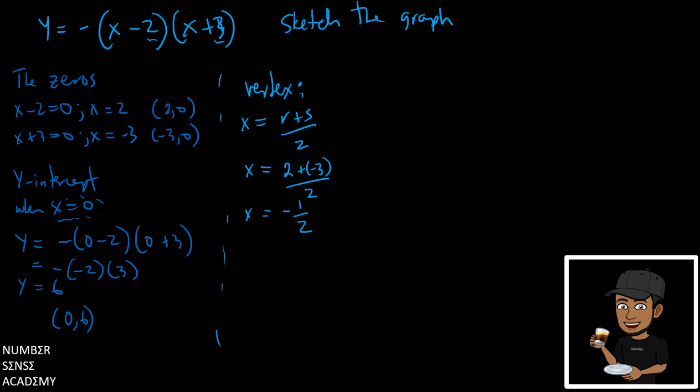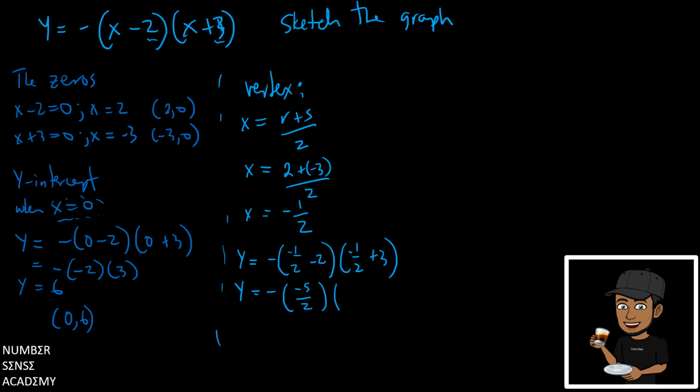Okay. So we know the x value of the vertex. It's at negative 1/2. But I also need to find out what the y value is. So y is going to be negative (negative 1/2 minus 2)(negative 1/2 plus 3). This is where you've got to really finesse your mathematics. So negative 1/2 minus 2 is the same as negative 5 over 2.